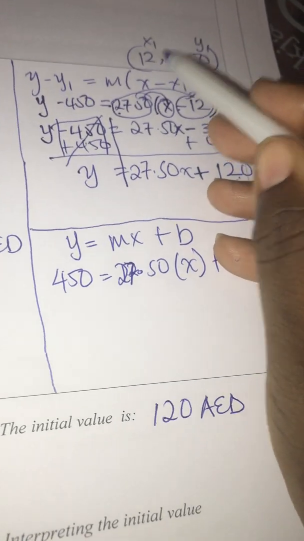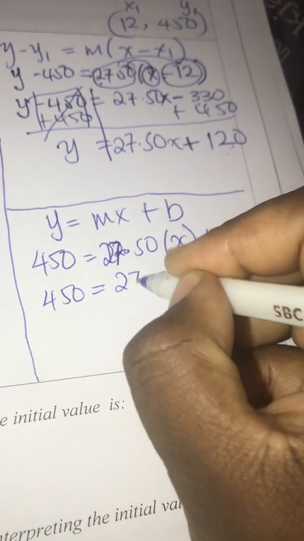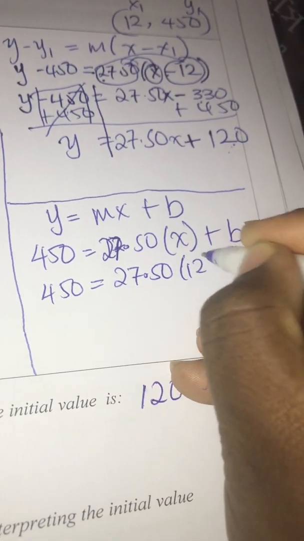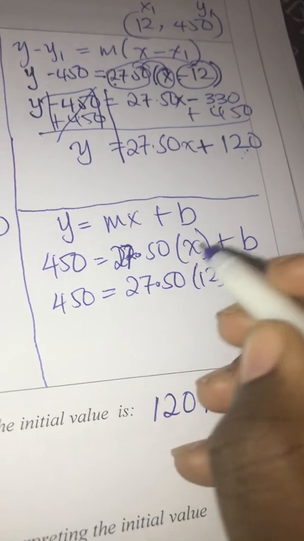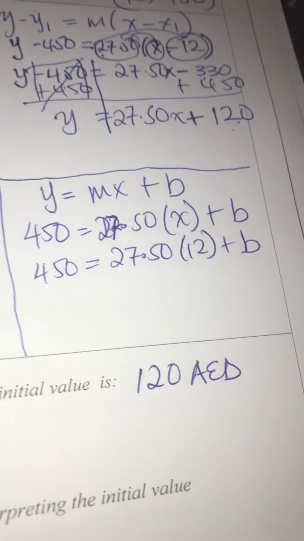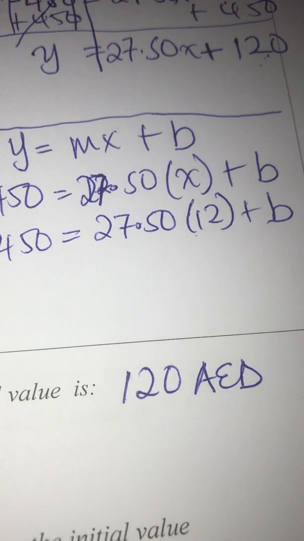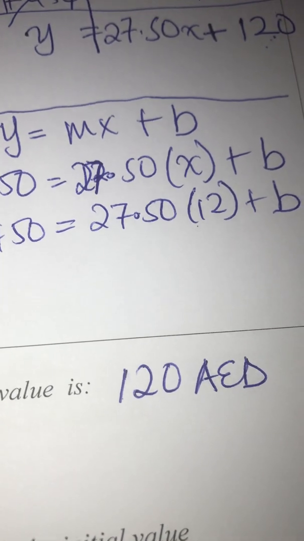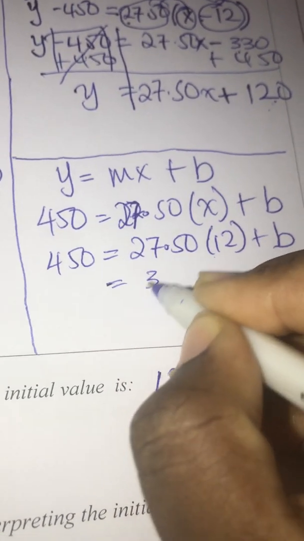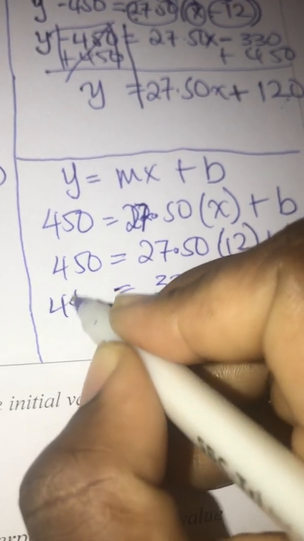What is your x? 12. 450 equals 27.50 bracket 12 plus b. 27.50 times 12 should be 330 plus b, 450.